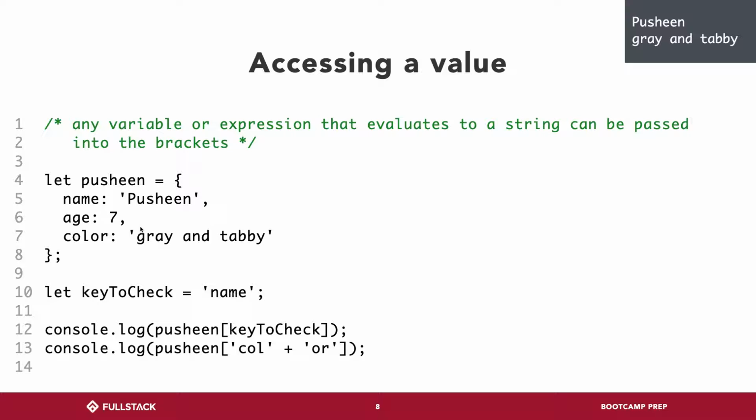So basically the rule is when you're calling it within the bracket, you always have to put it inside of quotations. It either has to be quotations or it has to be a variable. If keyToCheck wasn't defined here, JavaScript would say, "What are you doing? This was never defined." You know, and you'll get an error. Does that make sense? Right? Cool.